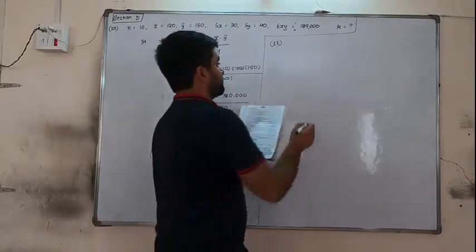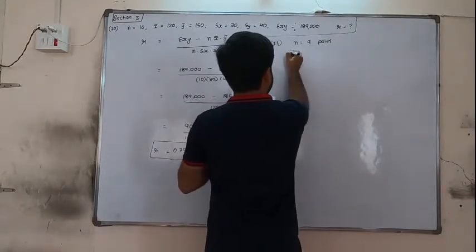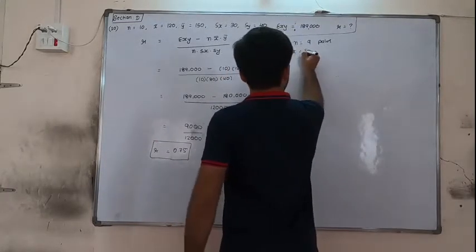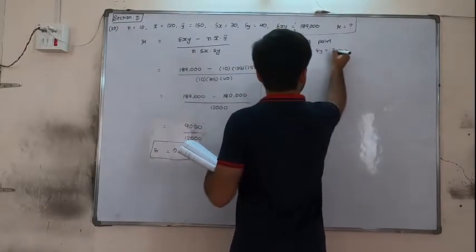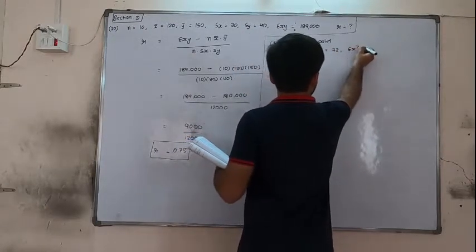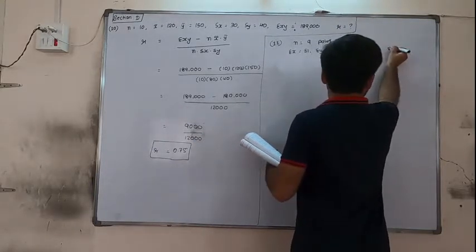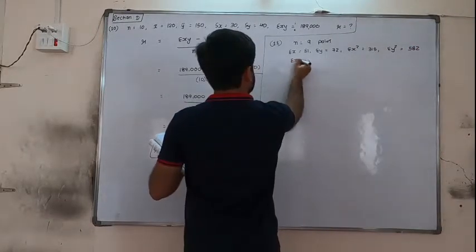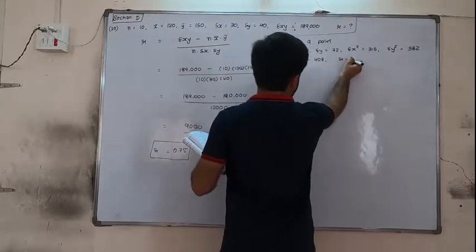Find the correlation coefficient. n is equal to 9 pairs, sigma x 51, sigma y 72, sigma x square 315, sigma y square 582, and sigma xy 408.